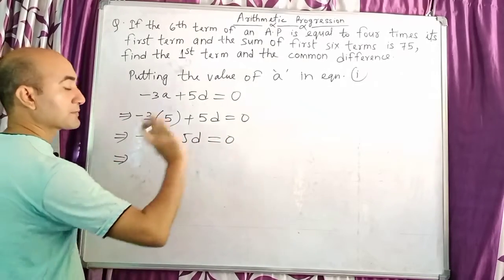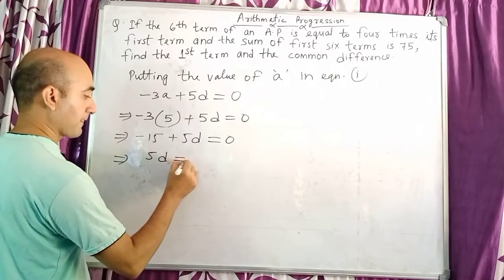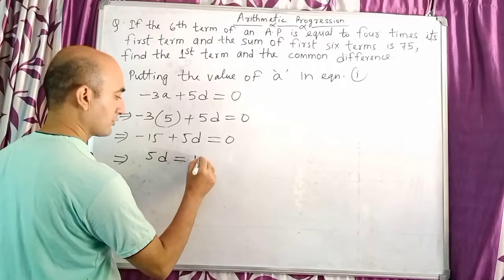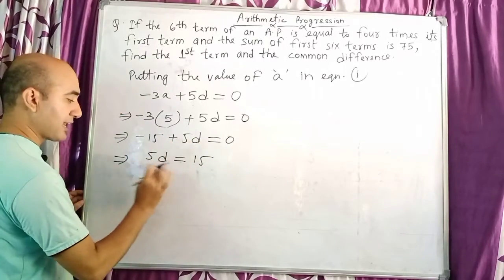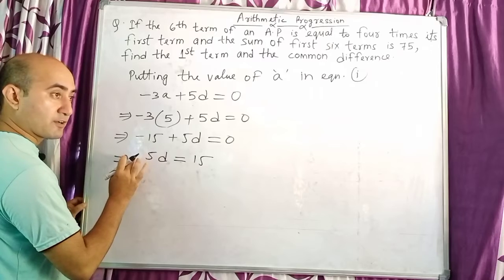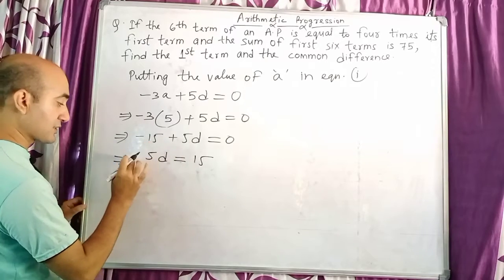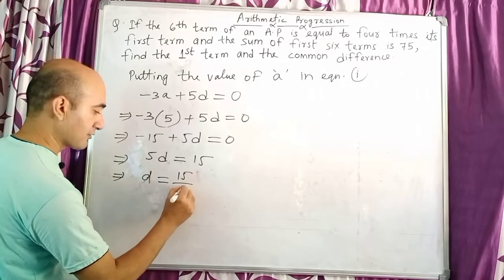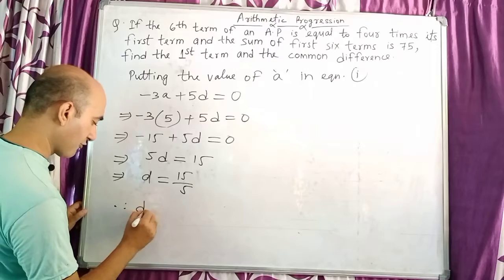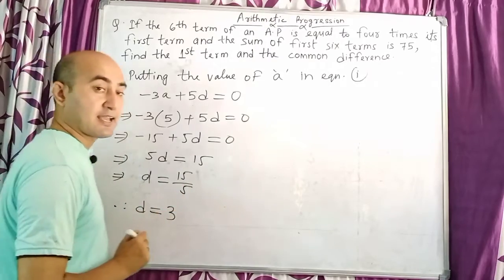So this minus 15 will go that side and become plus 15. So 5d equal to 15, because minus went and became plus, and this plus 5d I wrote here. So in the first position, plus is not required to write. So my d will be now equal to 15 by 5, and finally value of d will be 3, because 5 3s are 15. So this is my second answer.